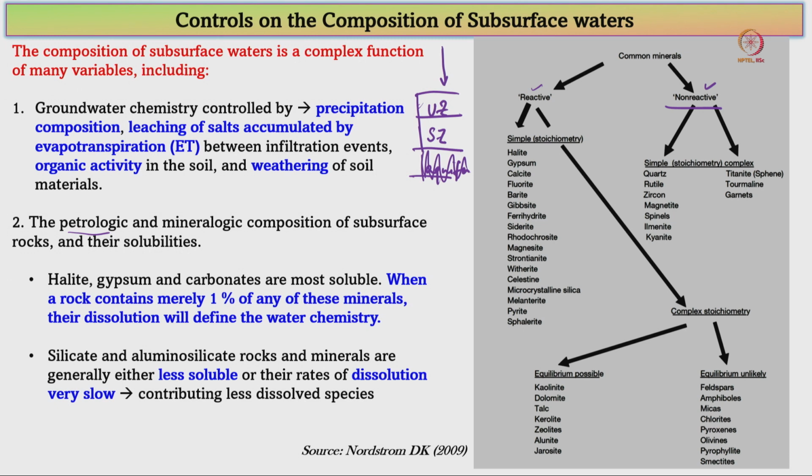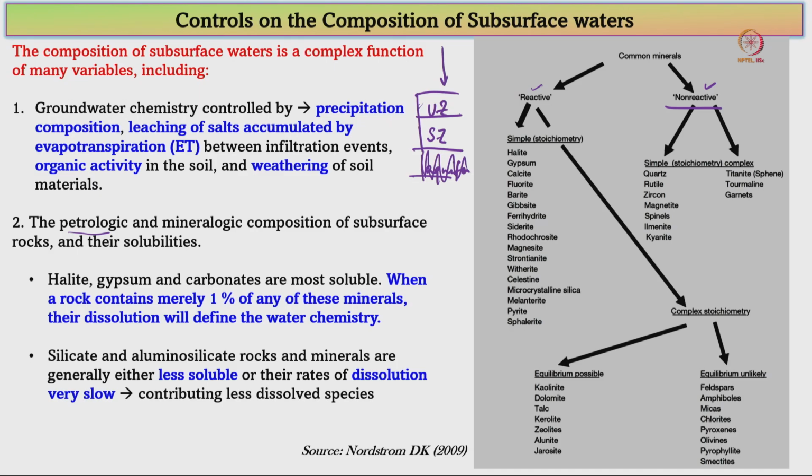Some of these are very hard minerals, for instance zircon, quartz, tourmaline, and garnets. They are the more refractory minerals, so they are not going to be very reactive. Magnetite and spinels have very stable structures and stoichiometry. Therefore, they fall under the non-reactive category.